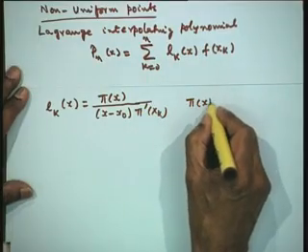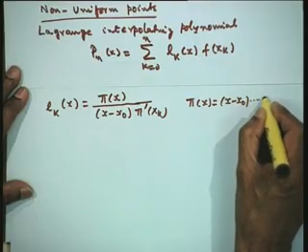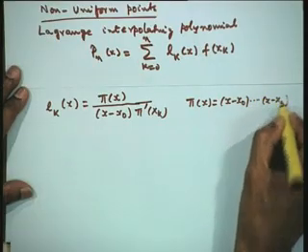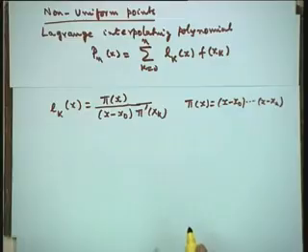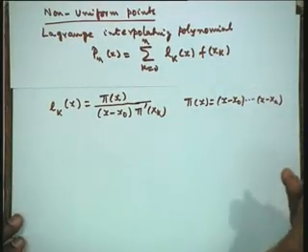Now, pi(x) is the product of all the factors (x minus x_0) up to (x minus x_n). We shall reserve the w(x) that we were using earlier for the weight function that is going to come in numerical integration.